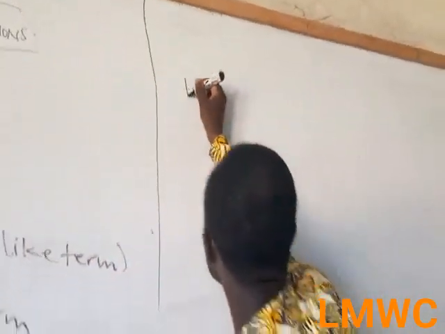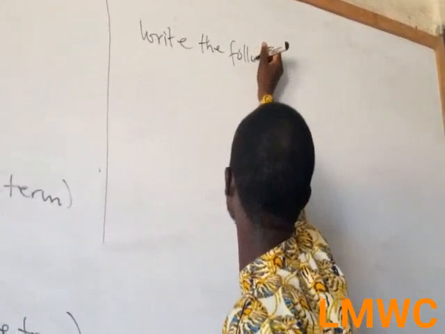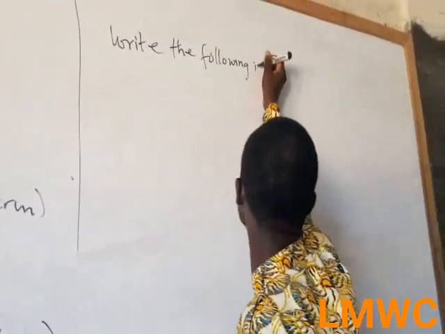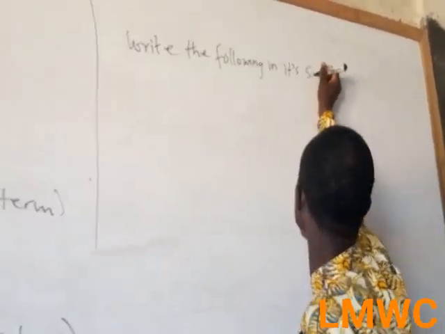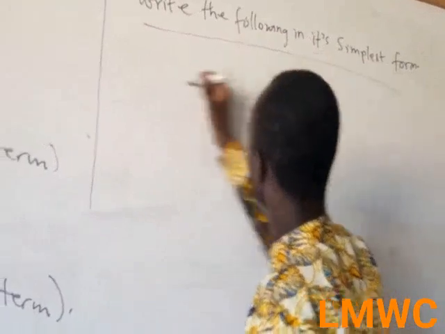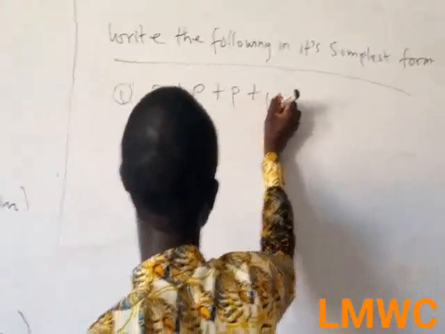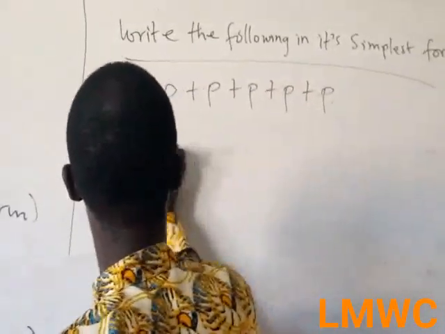So I can give you: write the following in its simplest form. 1. P plus P plus P plus P plus P. 2.